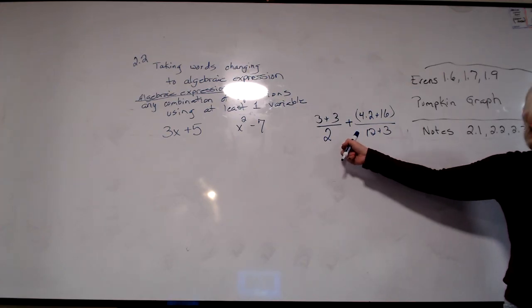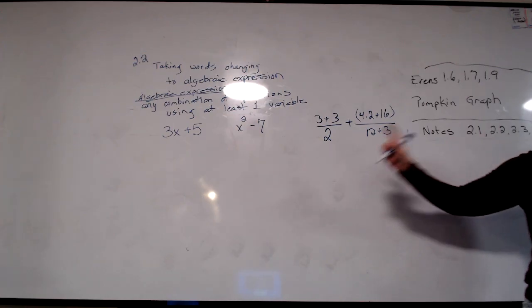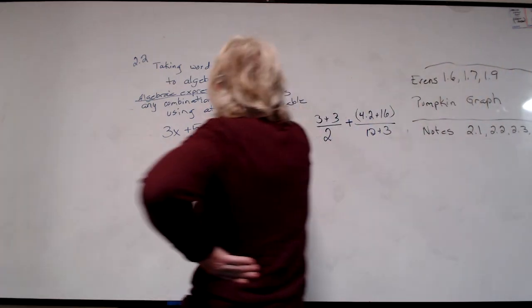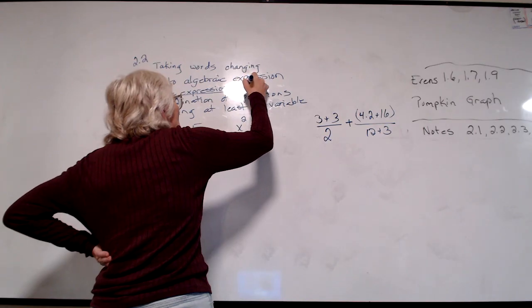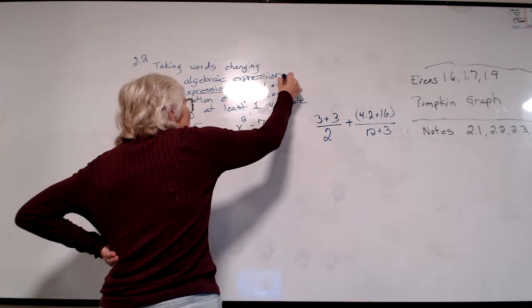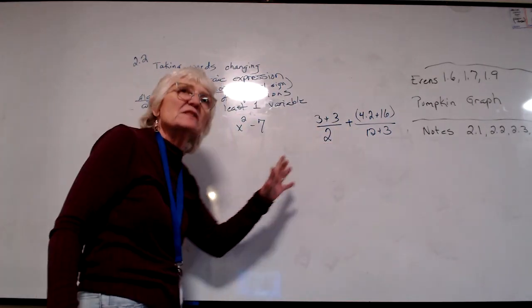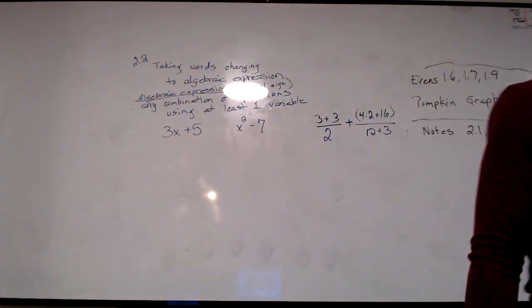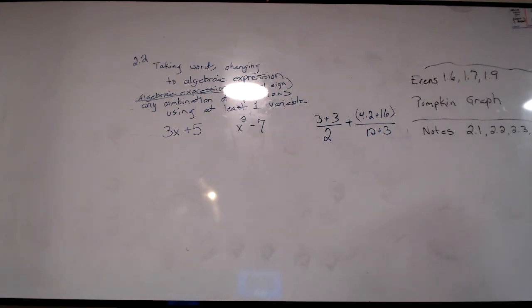But one thing to look at when you're talking about expressions, there's no equal sign. We might ask, can you simplify that down into one number? So sometimes we write equal signs because that equals that, but really what we're doing is just simplifying it down. We're taking those and doing the operations. So that doesn't really have an equal sign. We're going to talk about when we get equal signs later.